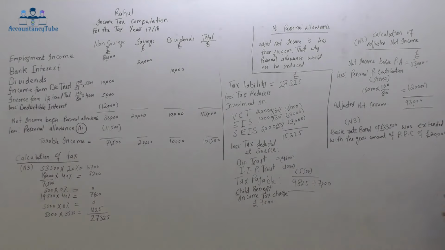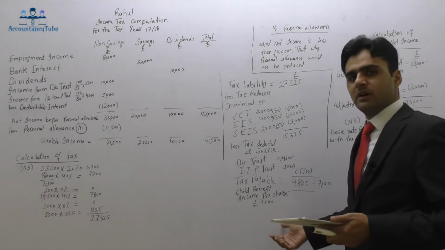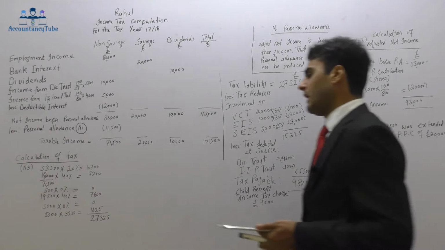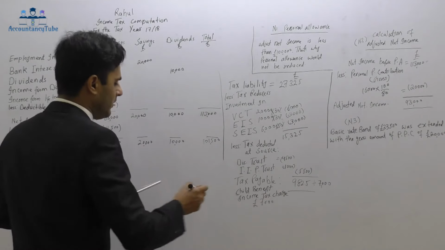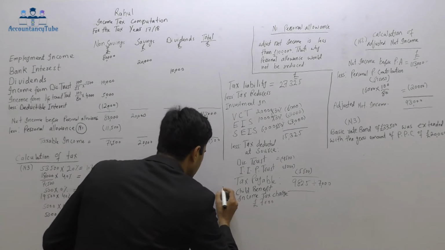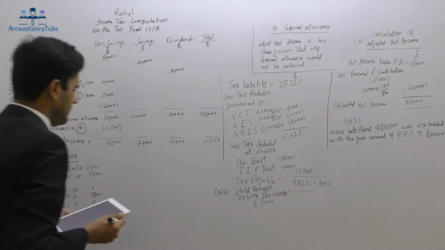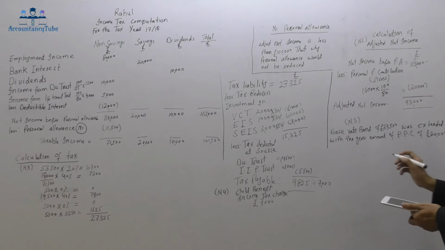But also, writing just this child benefit income tax charge here is not enough. You will have to explain this point as well. Now, like I have written N3 here, you can write N4 here. I have run out of ink in my marker, but I will have to write the note because otherwise the question is incomplete.